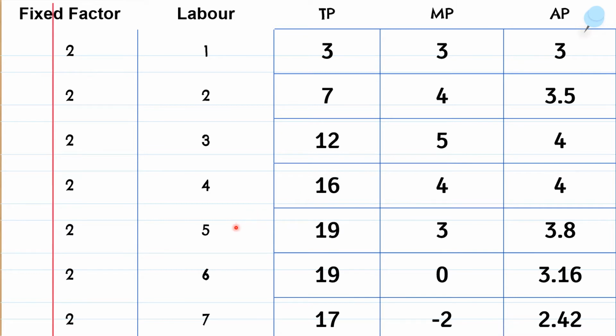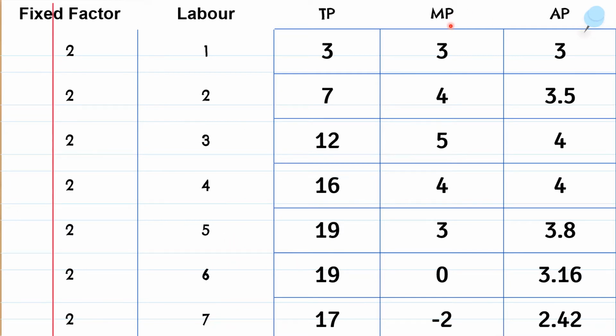When 5 of them are introduced, they all together produce an output of 19 units. When yet another unskilled laborer is added, together the 6 of them produce 19 units. And when the 7th unit of unskilled labor is added, they produce 17 units. So we see the total product after introduction of every additional unit of the unskilled labor.